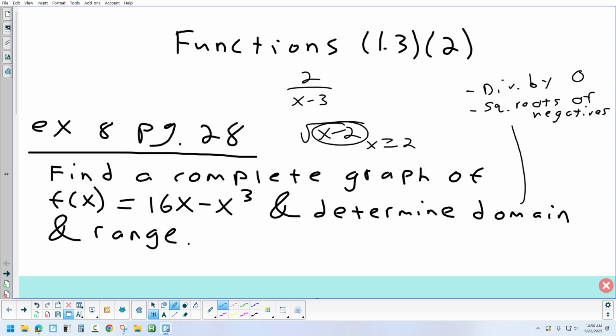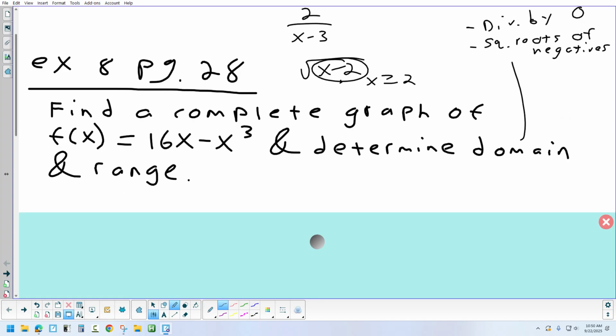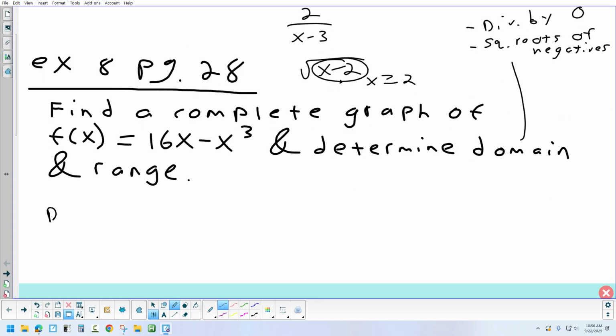If you give me a number smaller than 2, it's going to be a negative, and we don't want to do the square root of that. So those are the two things that we have to be careful about when we're finding domain. I think we mentioned those last time. So now, let's graph this and then find the domain and range.